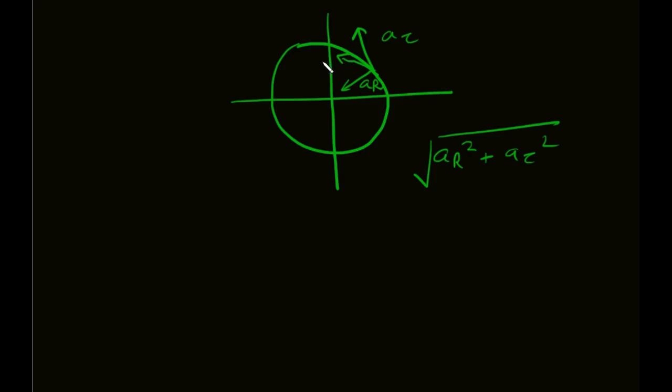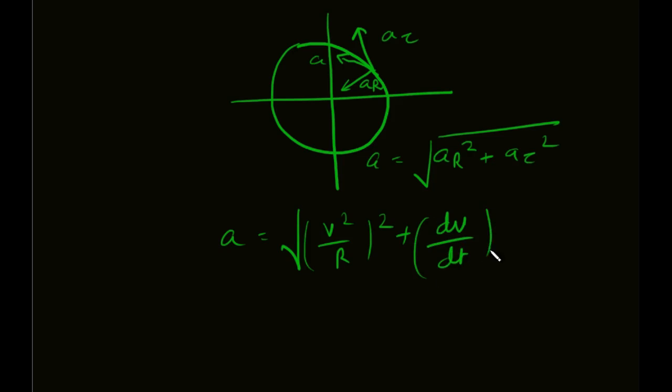Okay, this is a. So this would have been a equal to the root of (v square over r) the whole square plus (dv over dt) the whole square. This would have been the acceleration then.